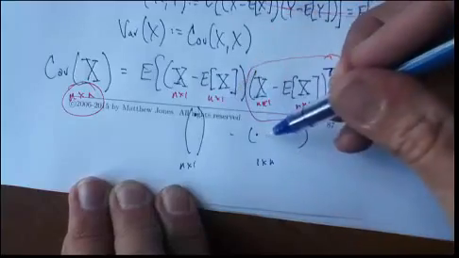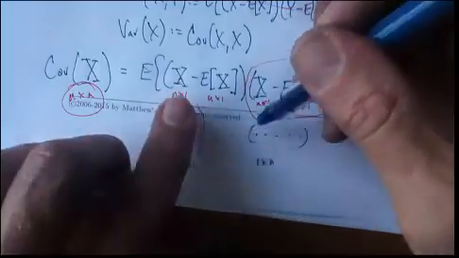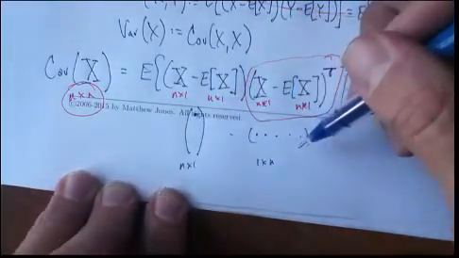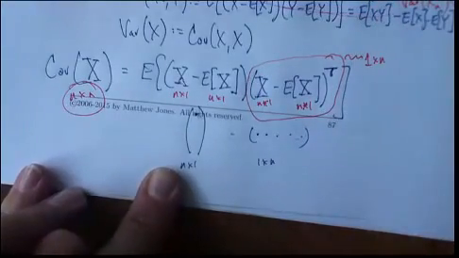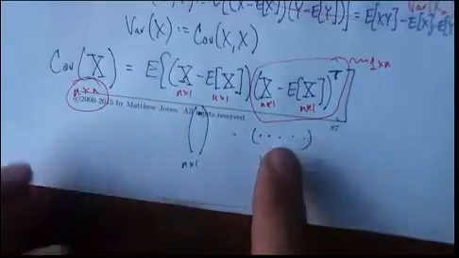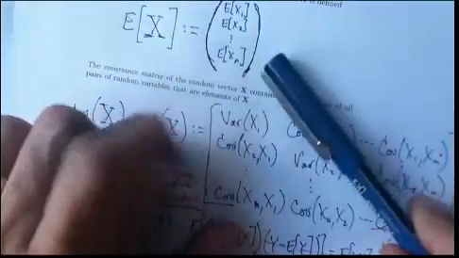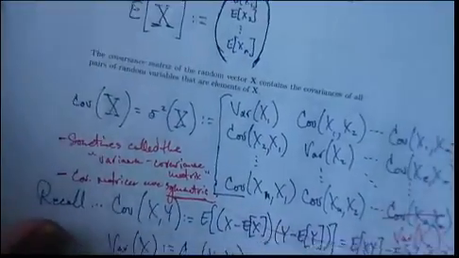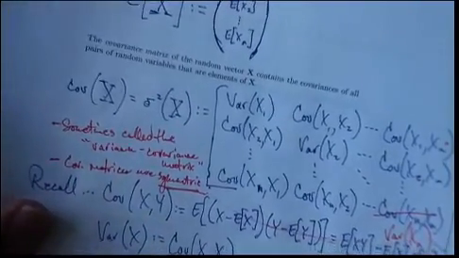If I take this one times the next one, you get the next one. So multiplying two vectors this way, a column times a row, you get a square matrix that's n by n. Then I take the expected value of this matrix. You can extend this definition: if I have a bunch of random variables in a matrix, the expected value of a random matrix is just the matrix of expected values.